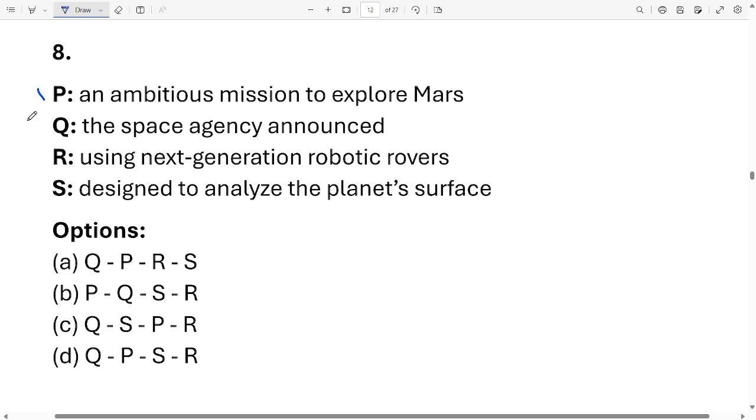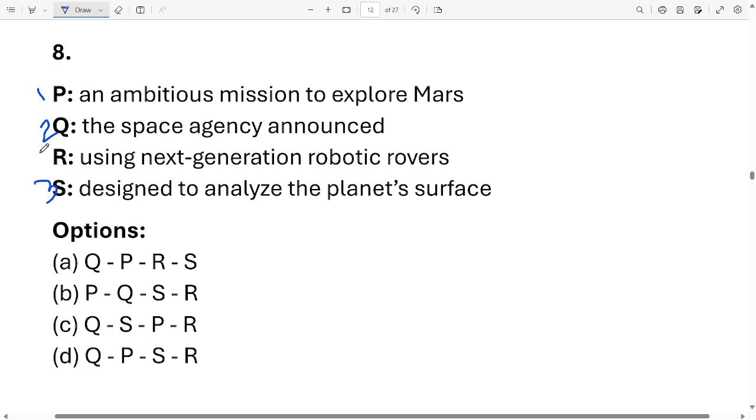The space agency announced. P Q S, announced, designed to analyze the planet's surface using next generation robotic rovers.